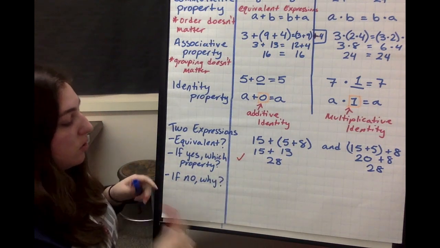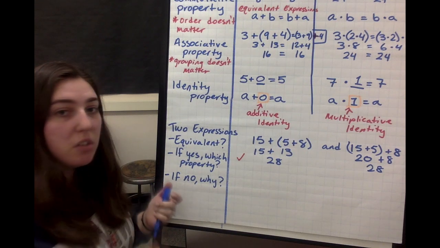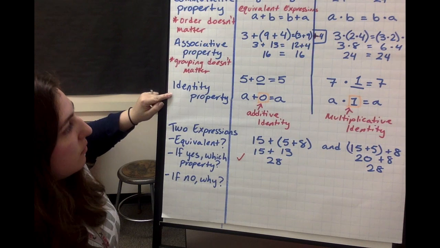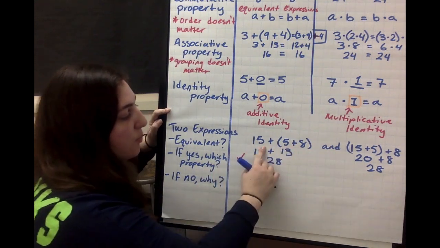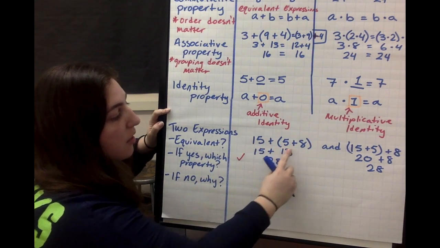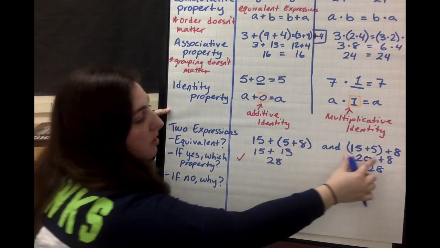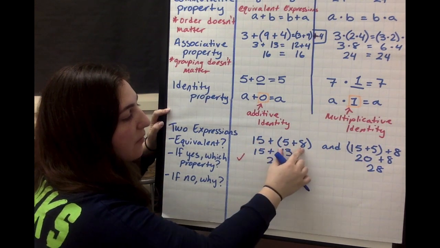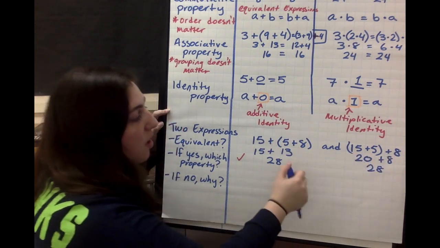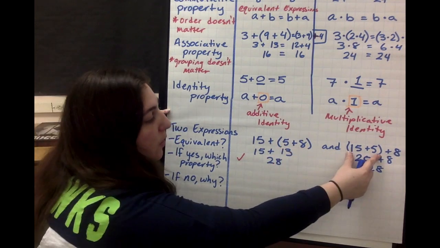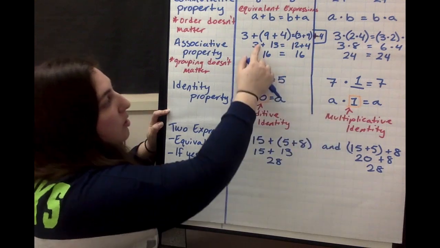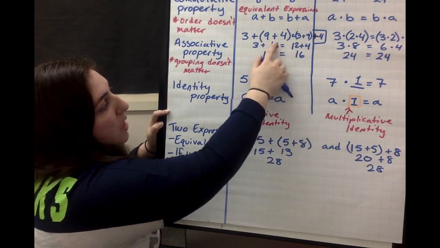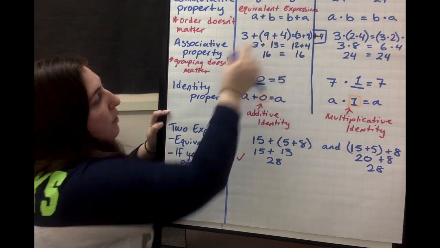Okay? So because they are equivalent, I have to determine why. Okay, and if I look over here and I look at my expressions, I notice that I see parentheses. I see that I'm using the same numbers, 15, 5, 8, 15, 5, 8, but the grouping is different on both sides. And I notice the same thing over here where they use the same numbers on both sides, but the grouping is different.